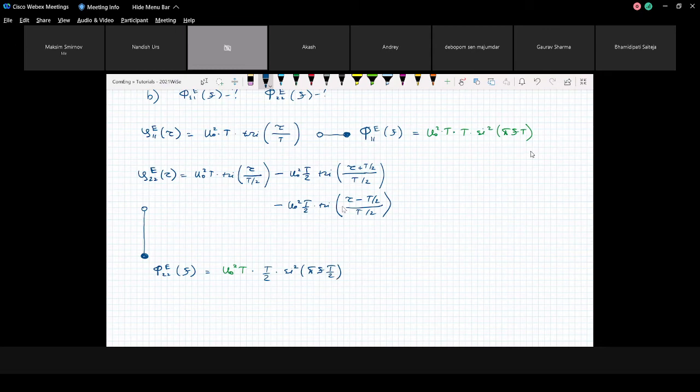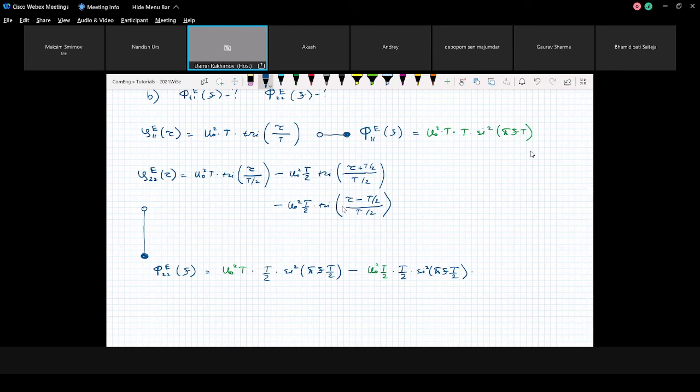Okay. Then minus u0 squared over T by 2 times, we have again another triangular-shaped function, T over 2 times sinc squared of pi f T over 2. But in addition, we have a shift in the time domain, in the delay domain.